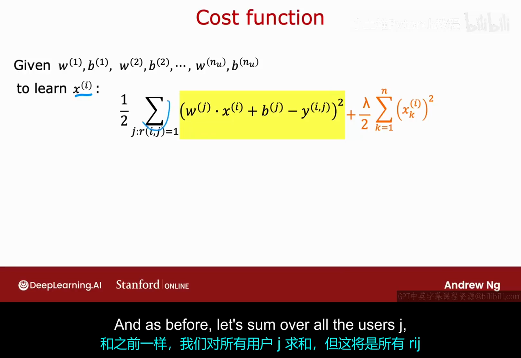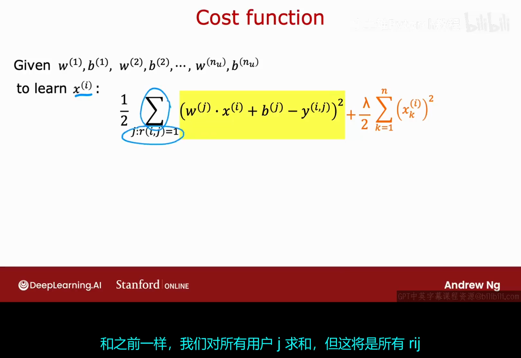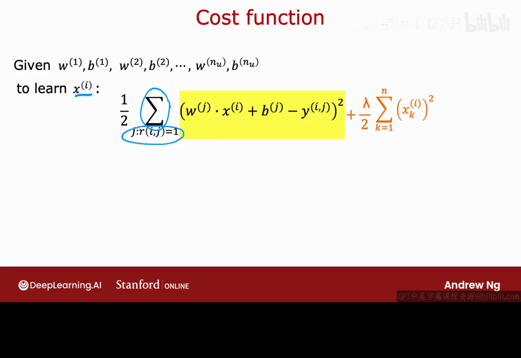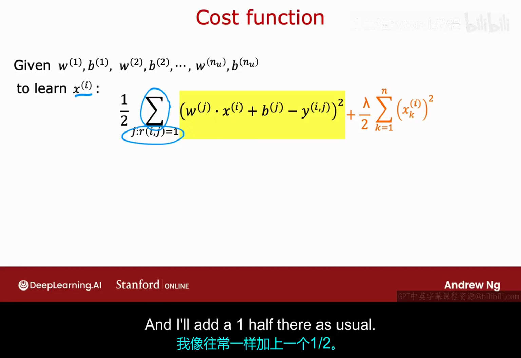And as before, let's sum over all the users j, but this will be a sum over all values of j where r(i,j) is equal to 1. And I'll add a 1/2 there as usual.